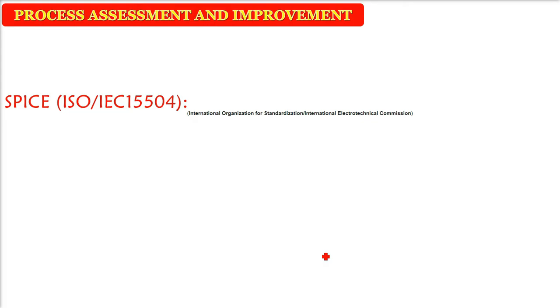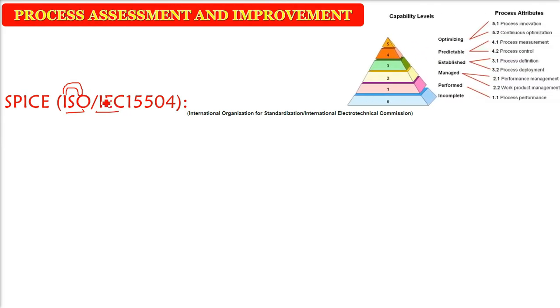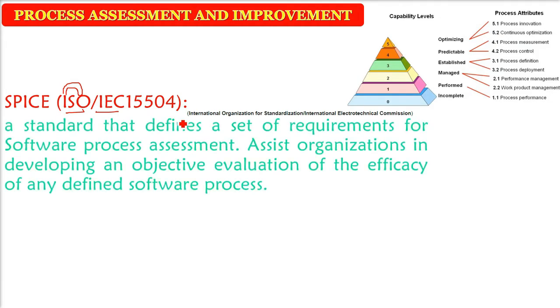SPICE, ISO IEC 15504. ISO is the International Organization for Standardization. IEC is the International Electrotechnical Commission. 15504 is a standard which defines a set of requirements for software process assessment. So this is an assessment technique.